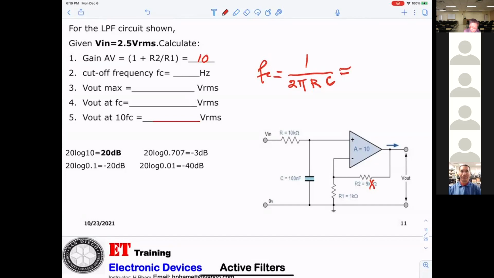What does nanofarad equal, 10 to the minus 9 or minus 12? I think the answer is 159 hertz. Okay, 159 hertz.